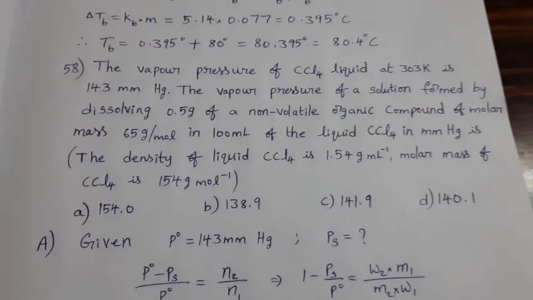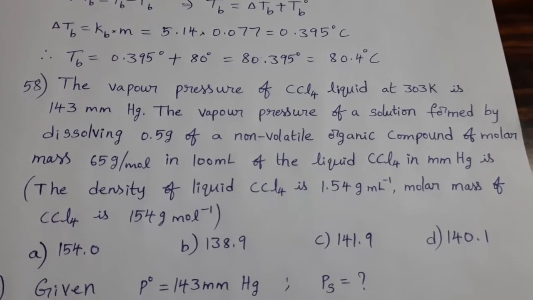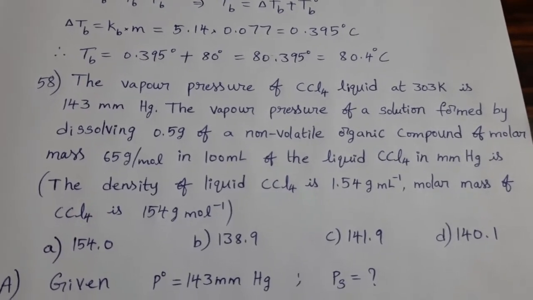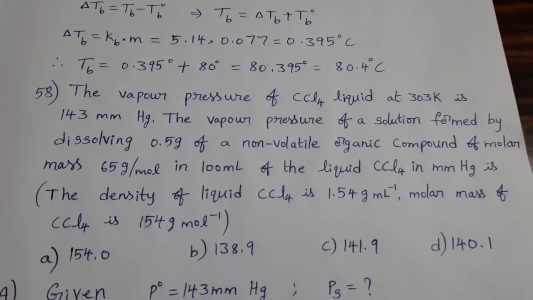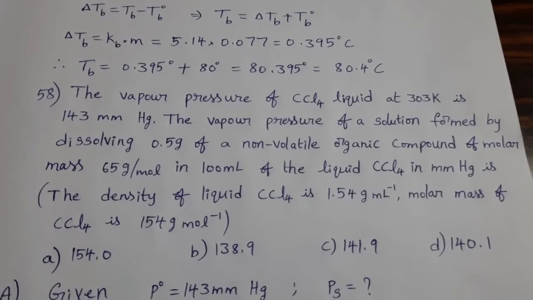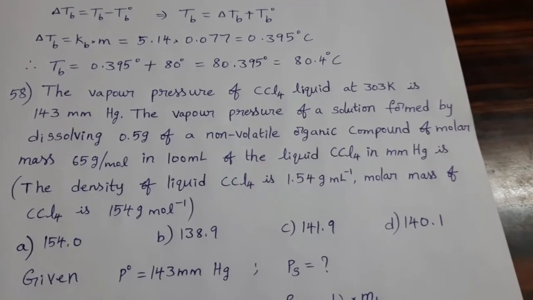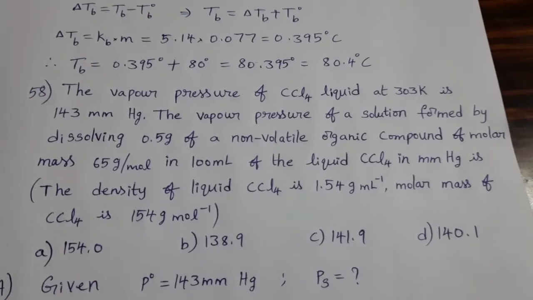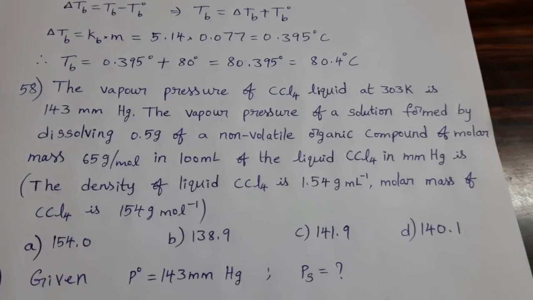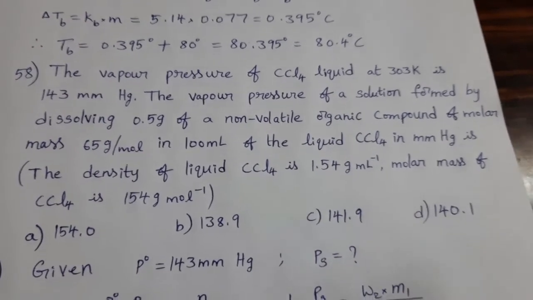Next, the vapor pressure of CCl4 liquid at 303 Kelvin is 143 mmHg. The vapor pressure of a solution formed by dissolving 0.5 grams of a non-volatile organic compound of molar mass 65 gram per mole in 100 ml of the liquid CCl4, in mmHg, is... Okay.